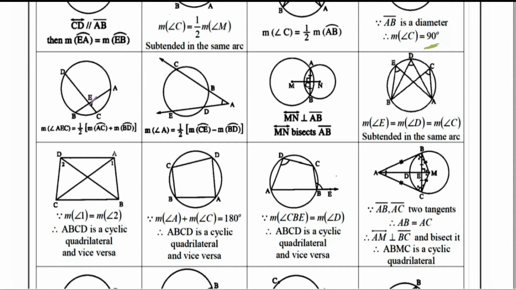Equal what? Equal half times the measure of the arc AC plus the measure of the arc BD.